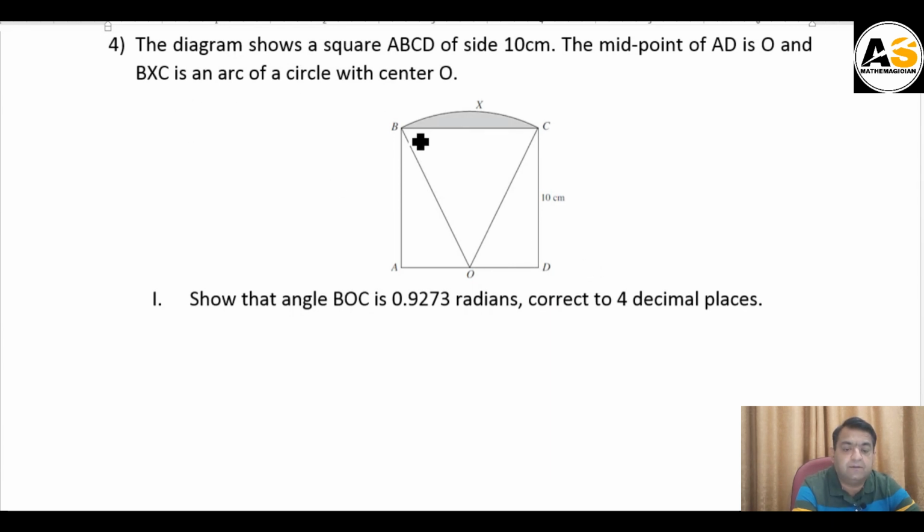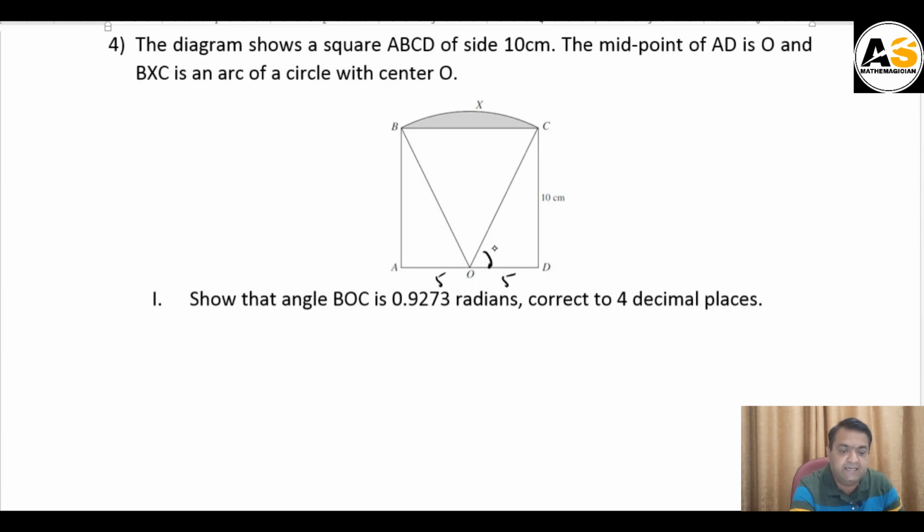BXC is an arc. BXC is an arc of the circle with center at O. First of all, we have to find the angle BOC and show that this angle is equal to this. Okay. What is this? 10. O is midpoint, so this is 5, this is 5.